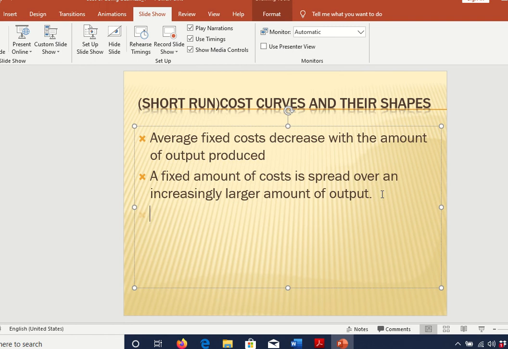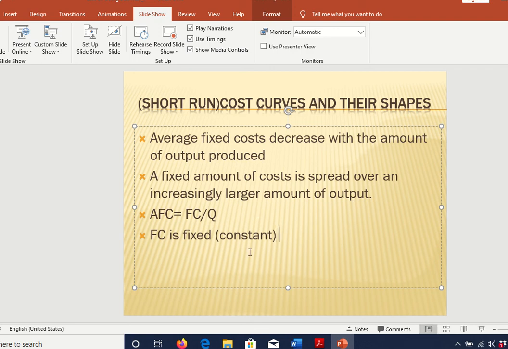Fixed cost is fixed, right? Average fixed cost is fixed cost divided by quantity of output. So fixed cost is a constant. It doesn't change.